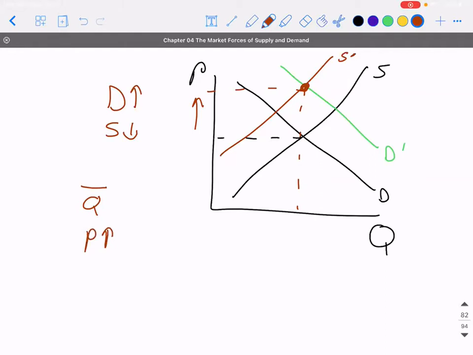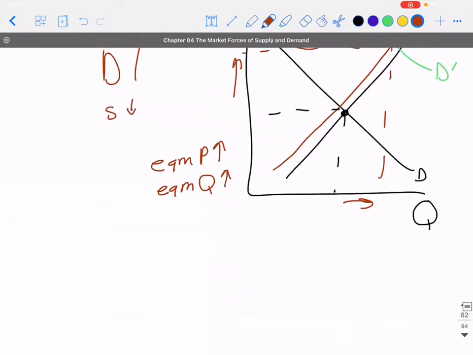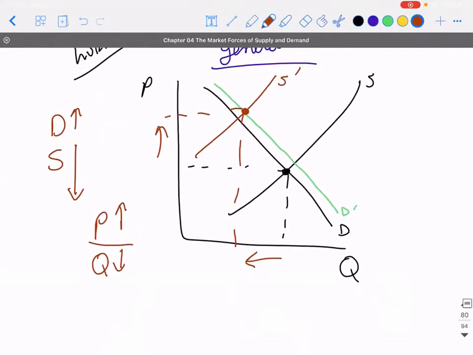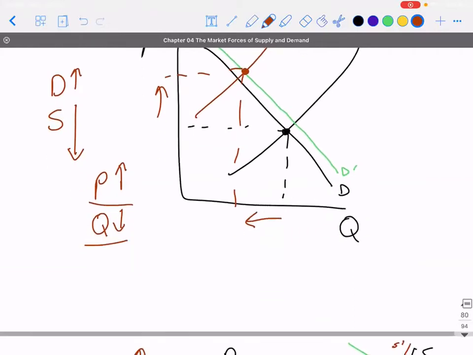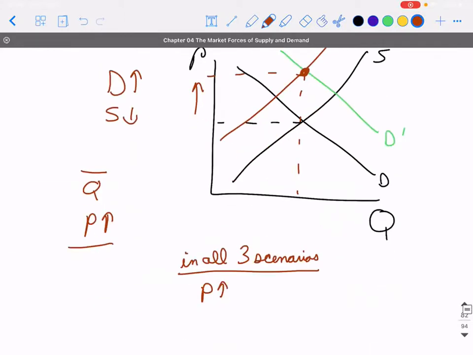If we were to compare all three scenarios, in all three scenarios, the price increased. Here, here, and here. But depending on which one was shifting more or less than the other, quantity either fell, increased, or stayed the same.